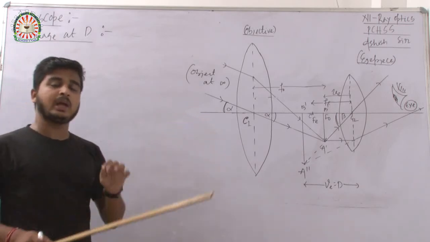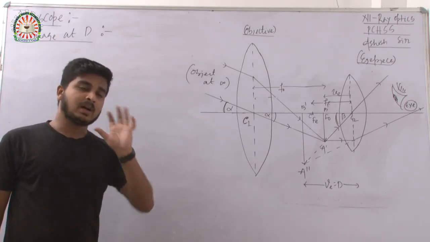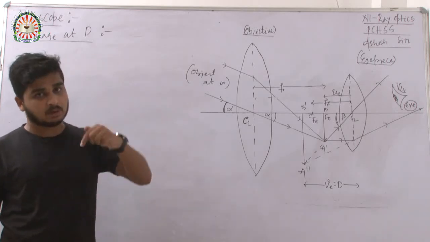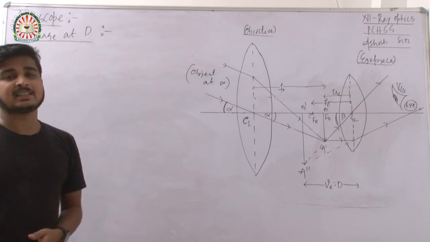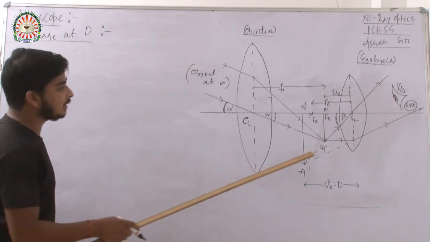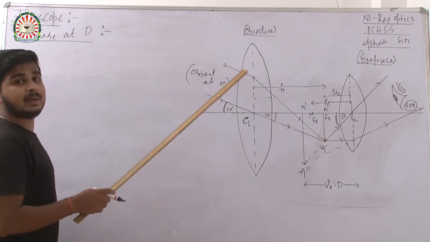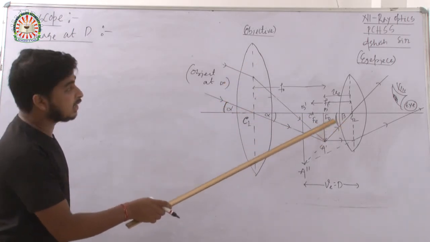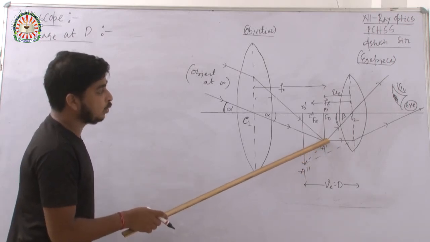You know that when an object is inside the focal length, or when the object is placed between optical center and focus, the image is virtual and formed on the same side of the lens. So this A'B', the image formed by the objective, now behaves as a virtual object for the eyepiece. Now let's take two rays.